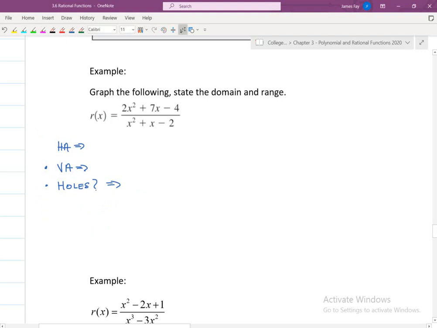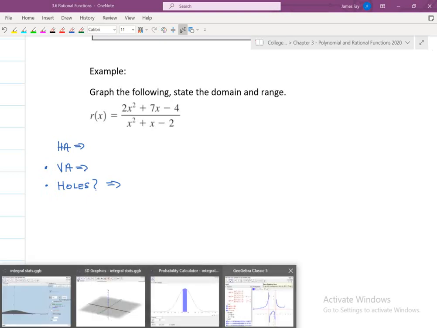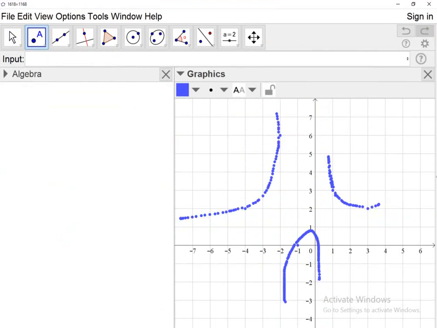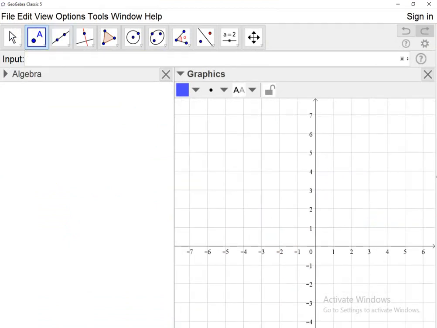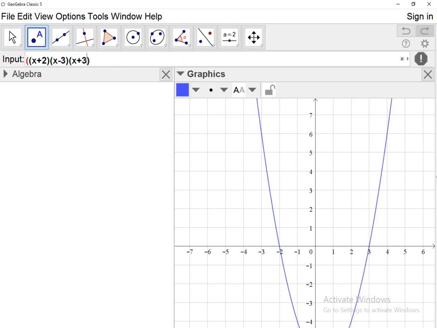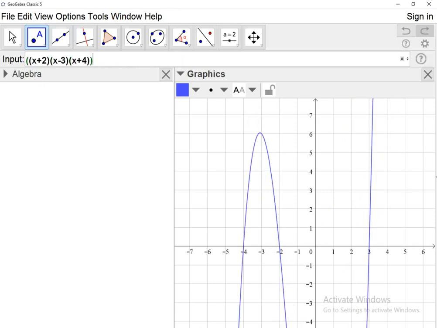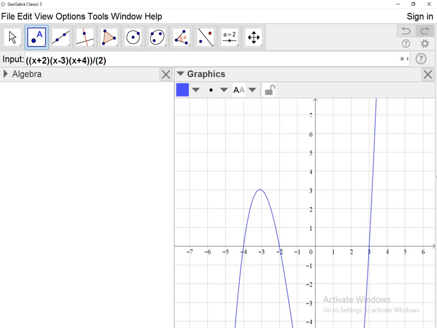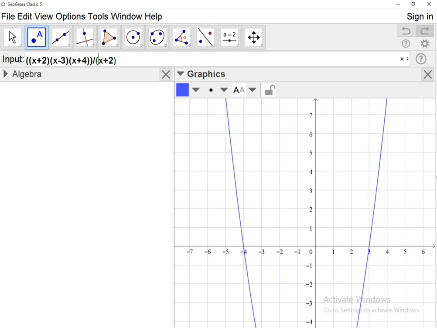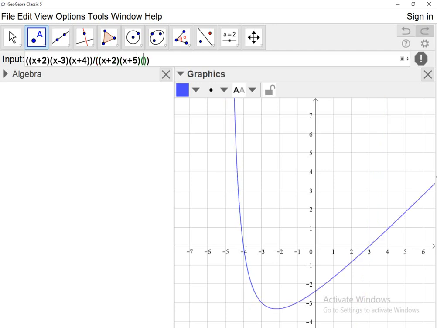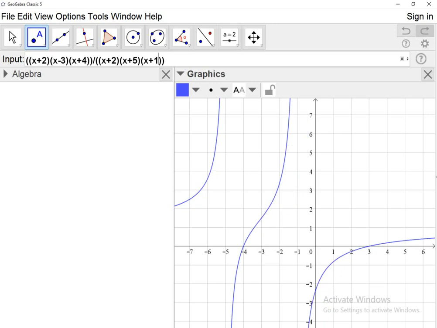Okay? For instance, let's look at this real quick, just to give you an idea of what a hole would look like. If I have a function that is x plus 2, x minus 3 in factored form, over, let's do another one, x plus maybe 4, and then divide that by x plus 2 times x plus 5, x plus 1.